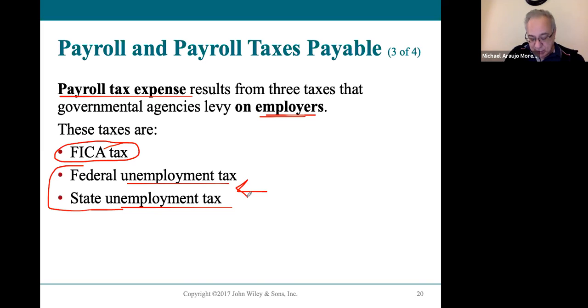It is a state-run program for the most part, but the federal government helps out and also contributes to that. And that's what they just did in the last few COVID bills. Big chunks of money are going to states to continually allow them to cut their unemployment checks. Otherwise, they would run out of money. Okay.